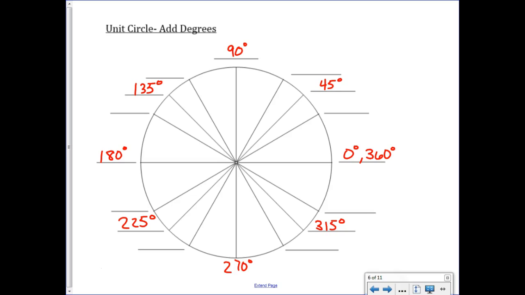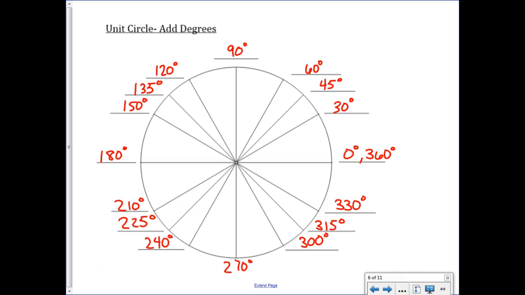The other ones then are splitting your unit circle into, or your quadrants into thirds. So 90 divided by 3 gives us 30. So this is 30 degrees, 60 degrees, then we have 90, and then 120 degrees, 150 degrees, 180, then 210 degrees, and then 240 degrees, 270, 300 degrees, and 330 degrees.